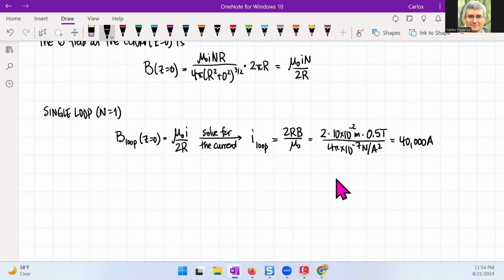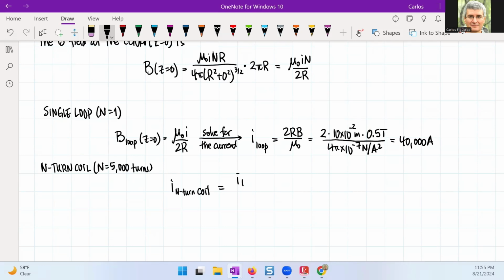Now let's go look at an N-turn coil. And in this situation, because we have these in the lab, they have 5,000 turns. So if I repeat the same process for this guy, here's what we're going to find. We're going to find that the current of an N-turn coil is going to be exactly what we calculated before.